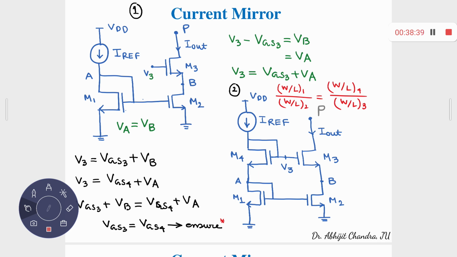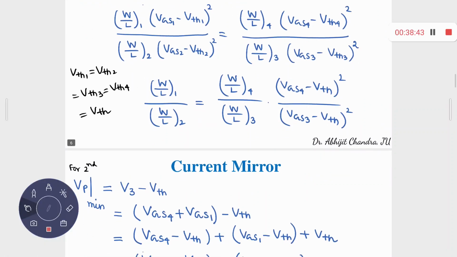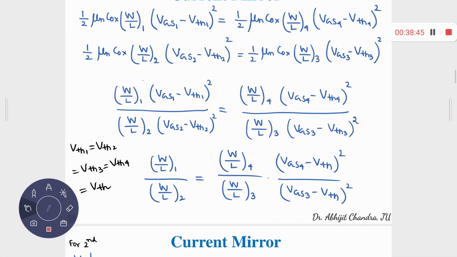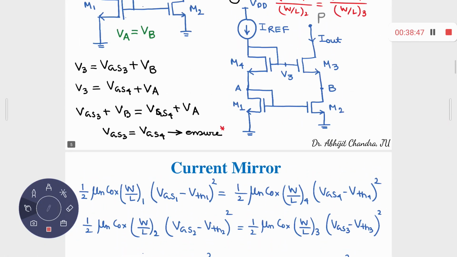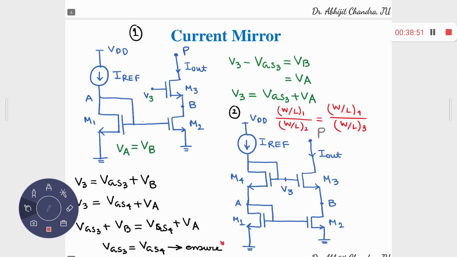Right. So let's have a look at this. What is the minimum voltage? Because now we have two circuits: circuit number 1 and circuit number 2. In circuit number 1, I have to select the value of the gate voltage of M3 arbitrarily, by trial and error, so that M3 and M2 are in saturation.